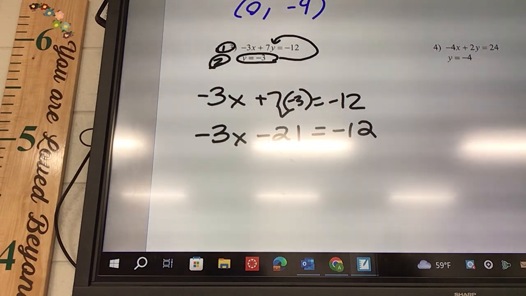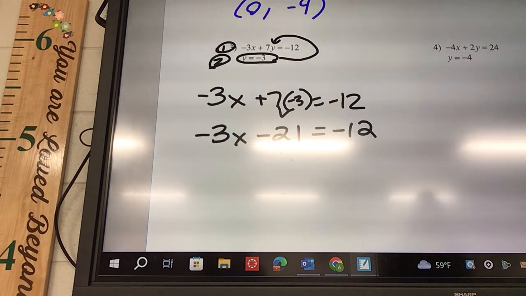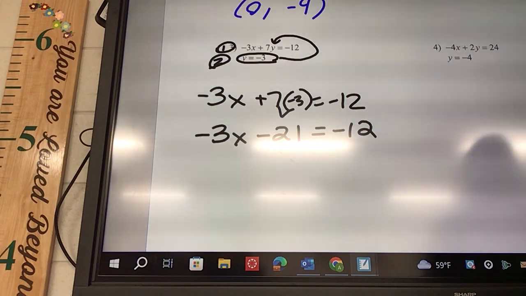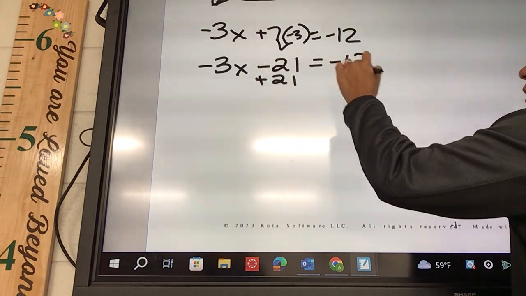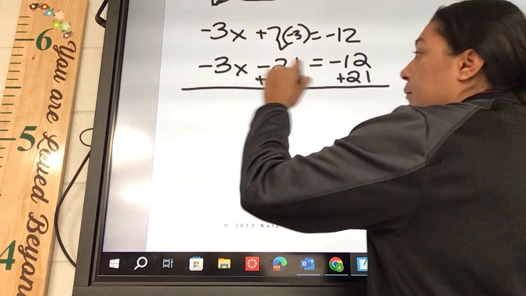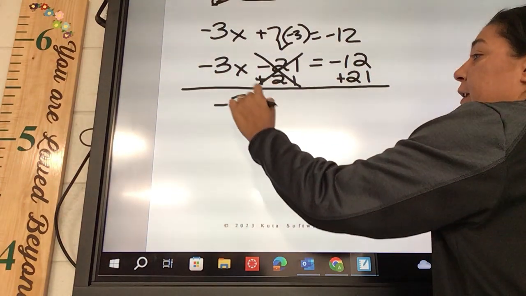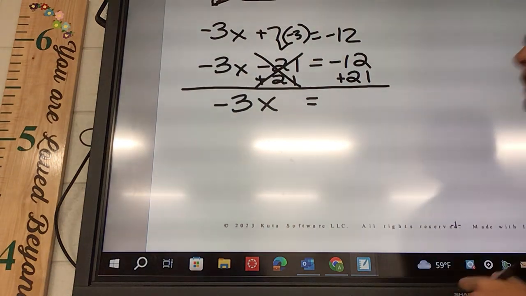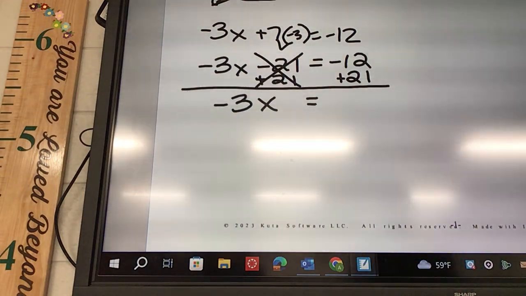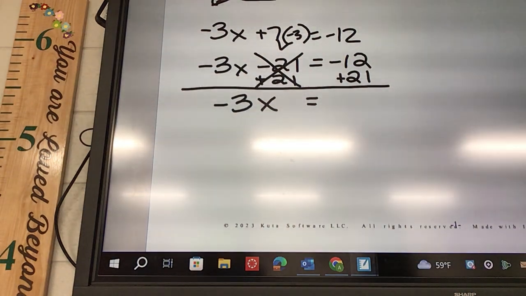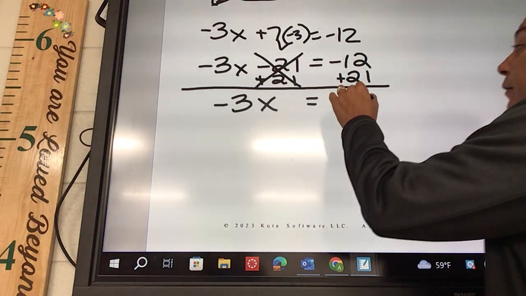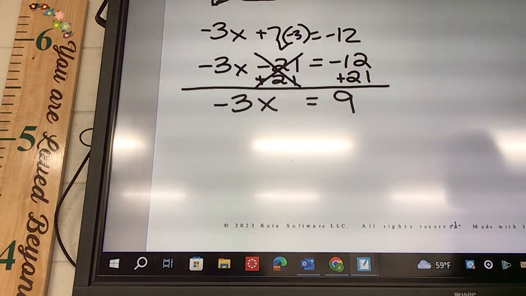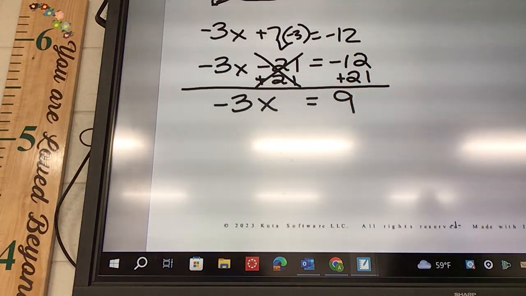Okay, who needs to move next? The 21. How do I move a minus 21? Plus 21. So we're going to say plus 21, plus 21. Okay, so I'm going to get negative 3x equals, what is negative 12 plus 21? Hmm? 9? Somebody agree with that? Okay. And then what needs done?